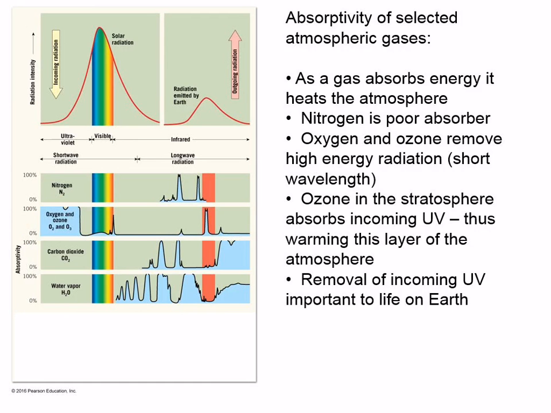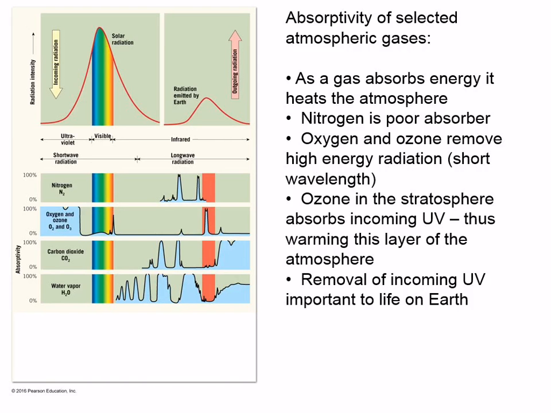Carbon dioxide and water, those are two variable gases, aren't they? Remember, variable gases means they vary by location and by day. So we have these weird columns of absorptivity. And the last one, I'm going to show them all together. But we talked about the greenhouse effect in here, didn't we?